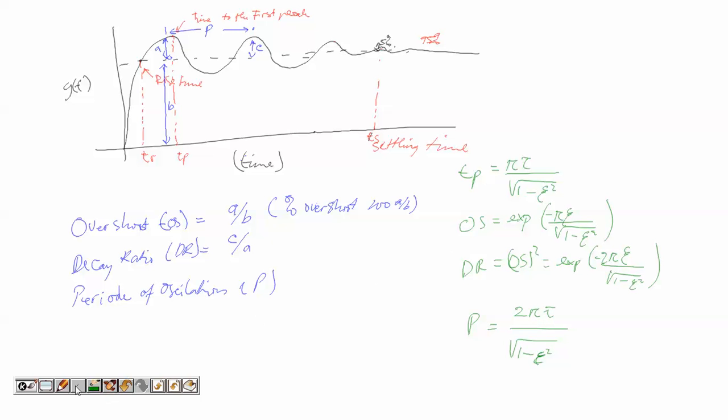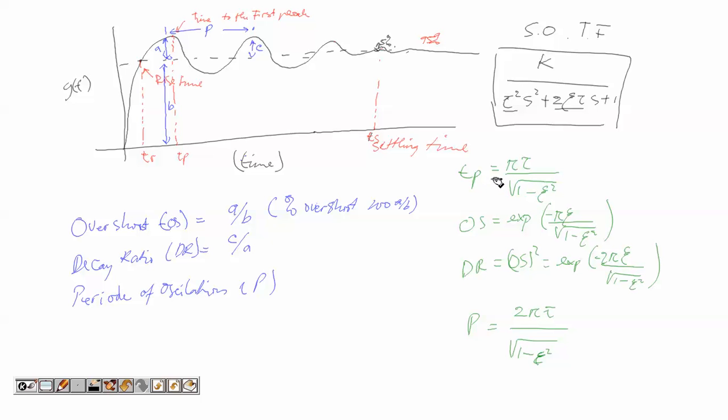So when you have the second order transfer function, K over tau squared s squared plus 2 zeta tau s plus 1, then from these parameters you can get TP, OS, DR, or the period of oscillation.